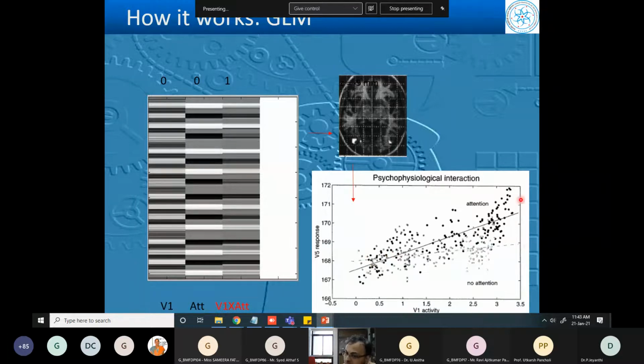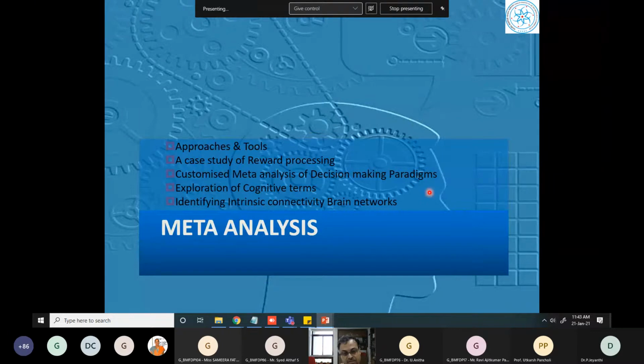The correlation was high during attention, but it is less during no attention. So attention and no attention is the task that you are giving to people. From the analysis point of view, what we are trying to see is where that correlation is changing, which parts of the brain have a significant change in the correlation. This is known as psychophysiological interaction.